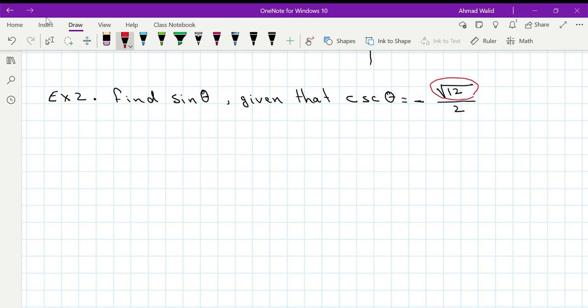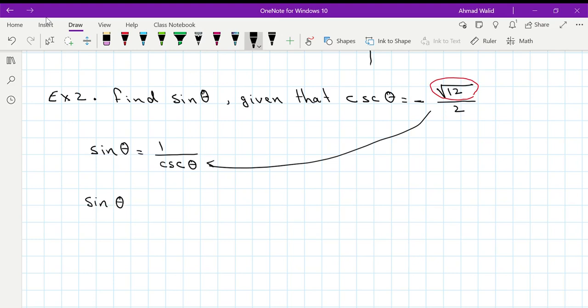I'll show it to you, but let me first use the reciprocal identity to find sine theta. Okay, we know very well sine theta equals 1 over cosecant theta. Let's bring this value and plug it here in the denominator. Then you can say sine theta equals 1 over negative square root of 12 over what?